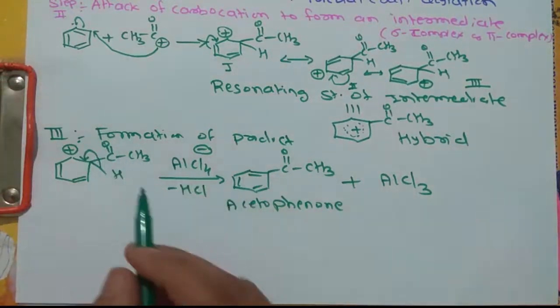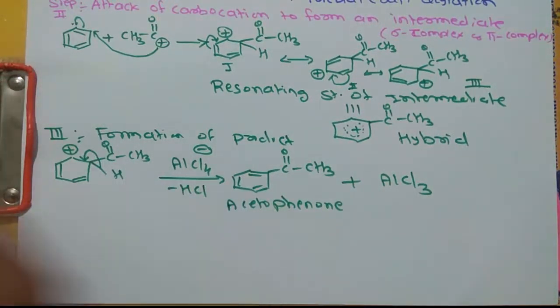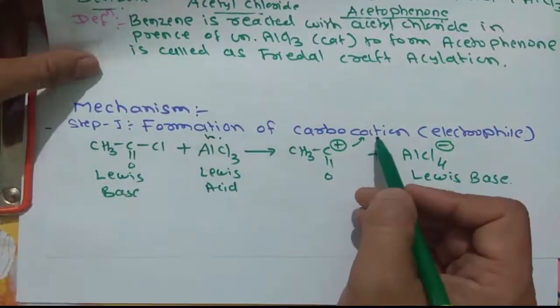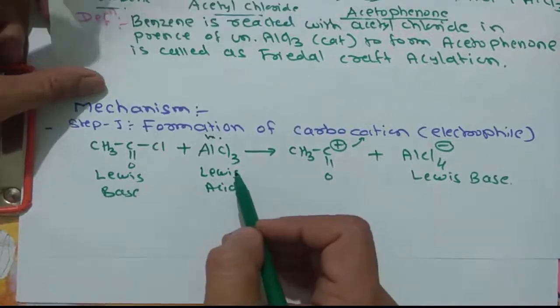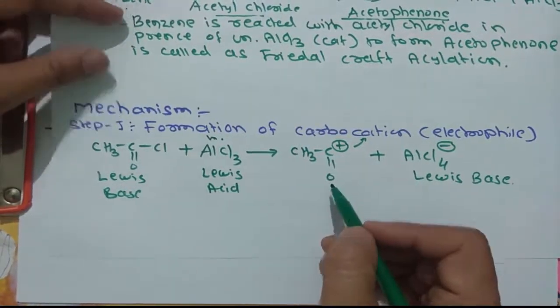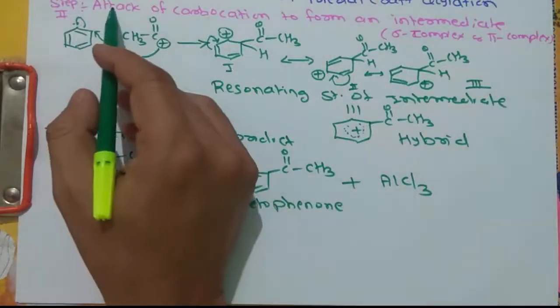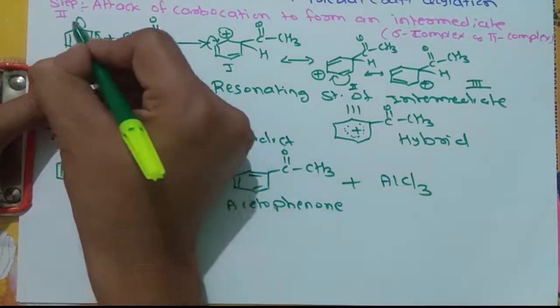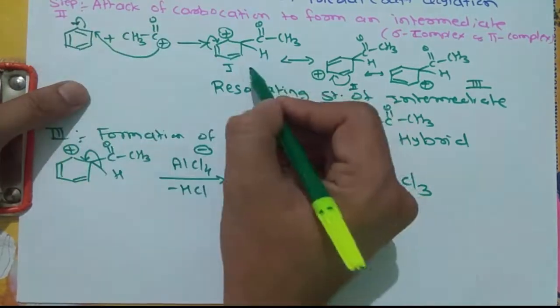I am repeating the mechanism once again. In step first, the carbocation is formed by the reaction with the Lewis acid. In step second, the carbocation attacks the benzene ring to form an intermediate.